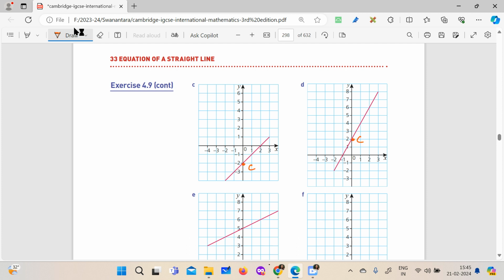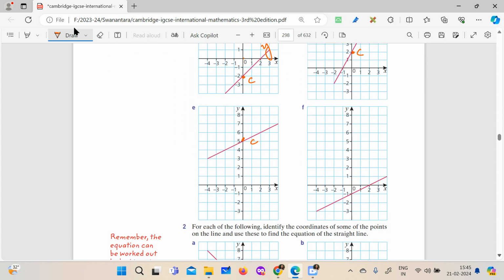Here your c is here and here your c is here. Now you see that when x is 0, y is minus 2. So you can say y is equal to x minus 2. Did you get it? Yes.